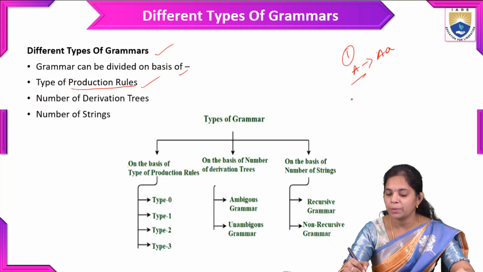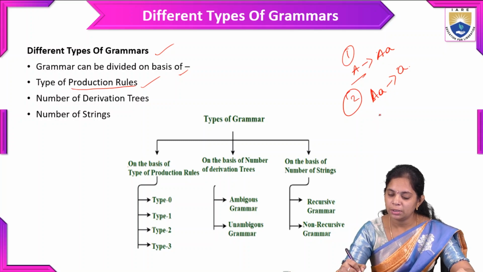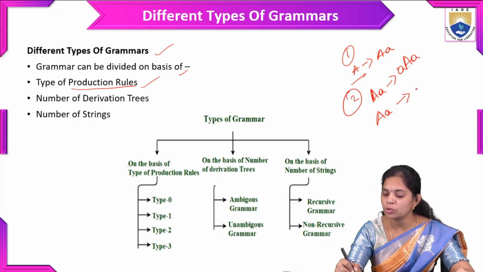This is one type. If you take the second type, on the left hand side there is no such condition, like A and a terminal. So there is a combination of conditions on the length of the left hand side and the right hand side.